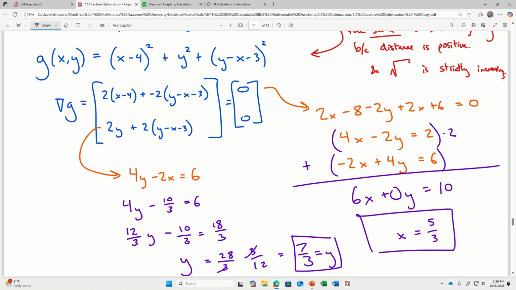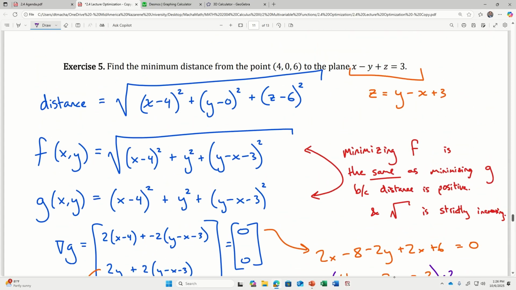And we could try to do the second derivative test to find out if this is a maximum or a minimum or a saddle point or neither. But honestly, think about what the question is asking. I've got a point out in space and a plane out in space. And among all the points on the plane, is there going to be a point that has the maximum distance away from this other point?